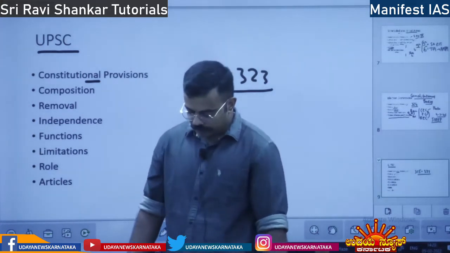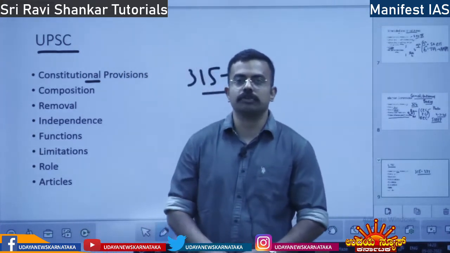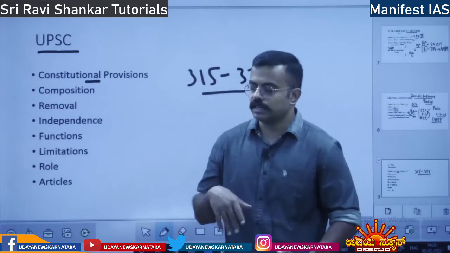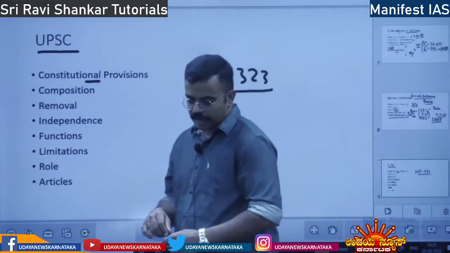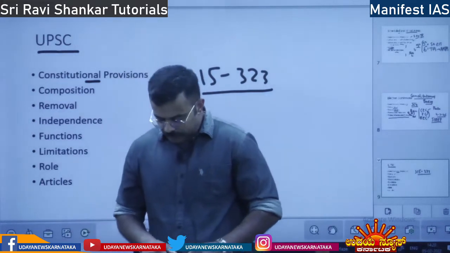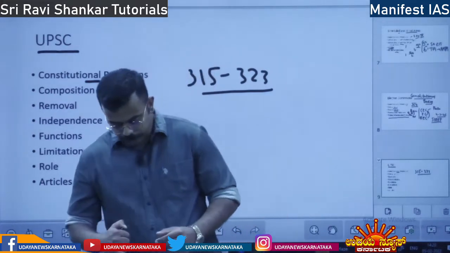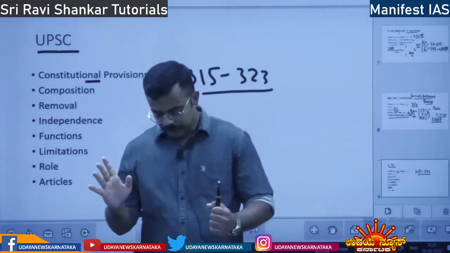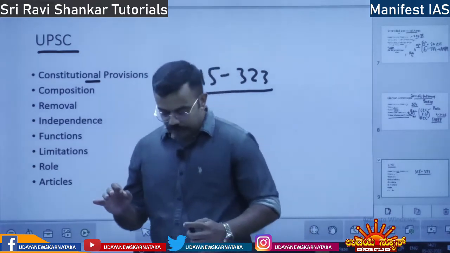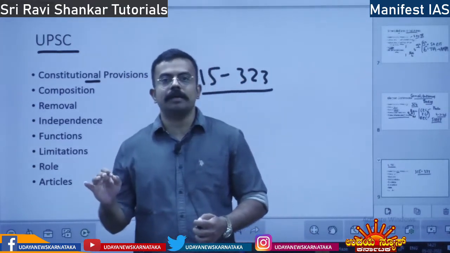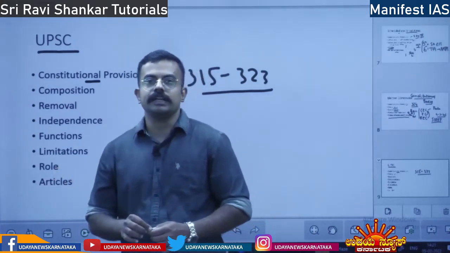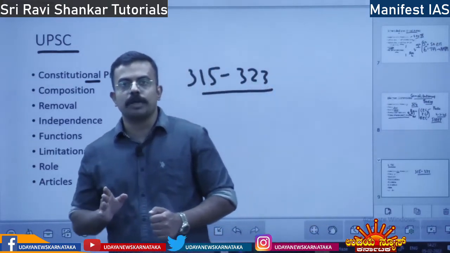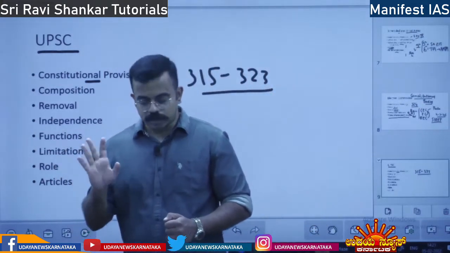Here there is no provision only for misbehavior and incapacity, like for Supreme Court judges and the Election Commission; there are many other conditions as well. What are the conditions for removal of UPSC members? If he is adjudged an insolvent, that is, he takes a debt and doesn't repay, he is removed from office. If he engages in paid employment outside the office, that is, you are a board member and take up some other employment with remuneration, you are removed.